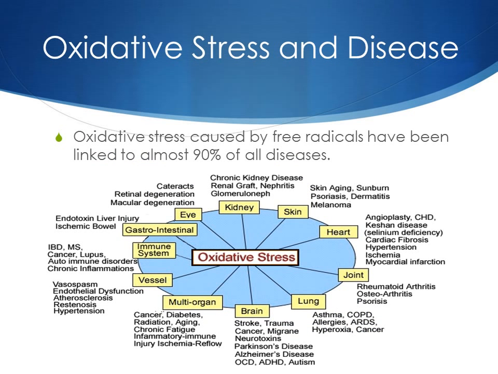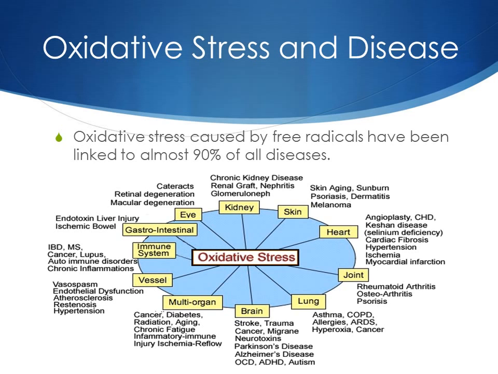So oxidative stress has been linked to almost 90% of all diseases. So you can see in this depiction here, that's a lot of different diseases that are put here.